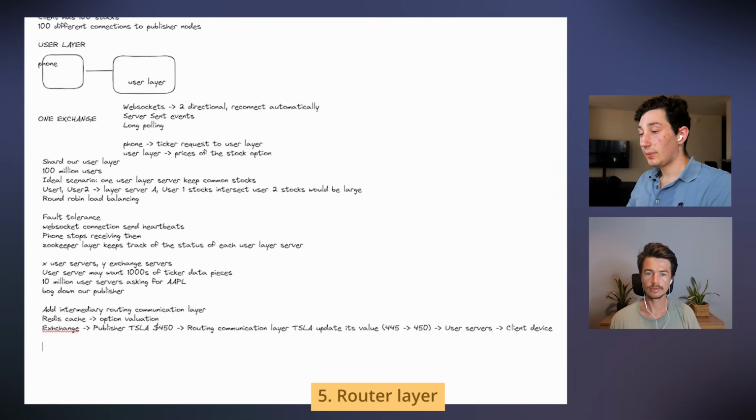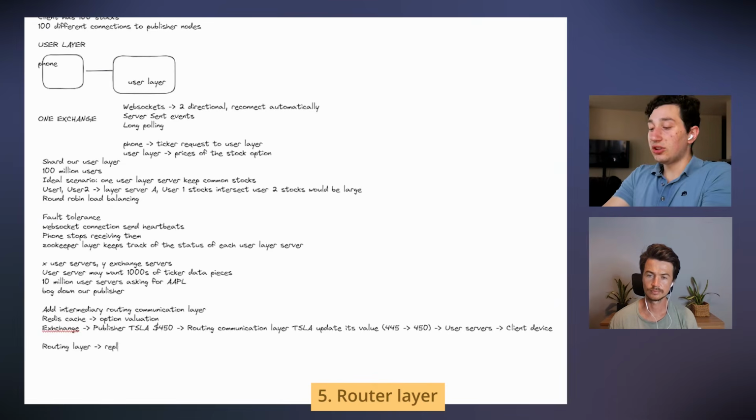I did have another question I wanted to ask about what can we do if a publisher goes down? For sure. That's really fair. And that's probably the other big piece of fault tolerance, is making sure that our intermediary routing communication layer and our actual publishing layer are also fault tolerant.